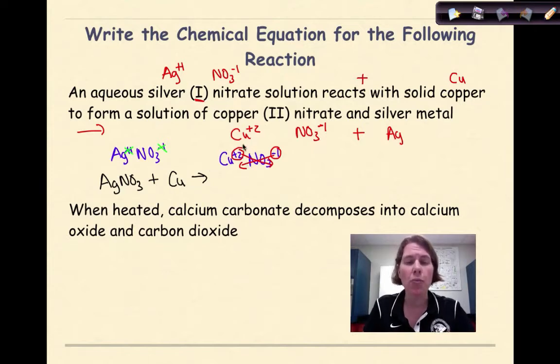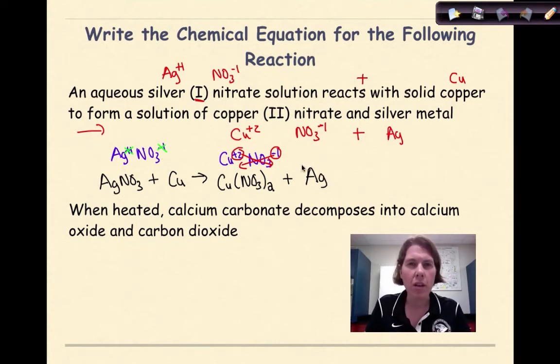But I do need to put parentheses around the NO3 because it would look really strange as NO32. That's a little bizarre. So if I recopied it, it would be Cu, parentheses, NO3, end parentheses, and then a subscripted 2. And then we have our plus sign again, and then finally our silver metal. So that's very slowly, very carefully translating our equation to represent it symbolically.